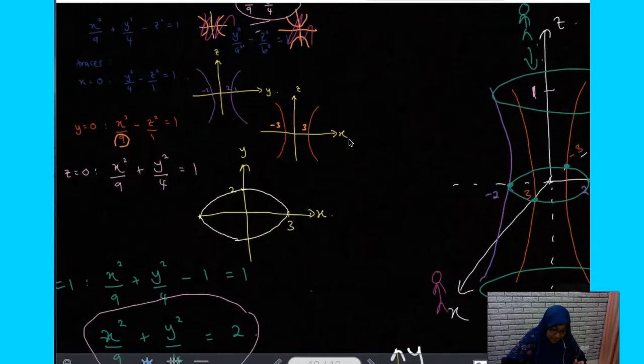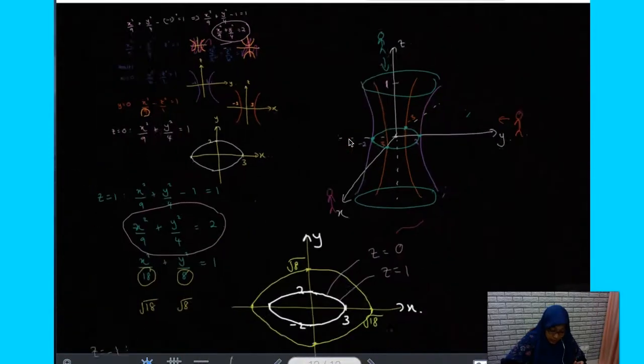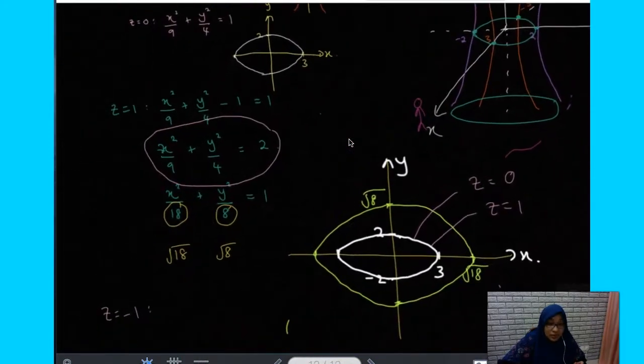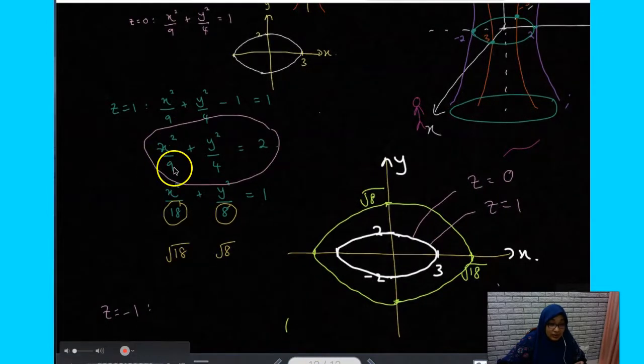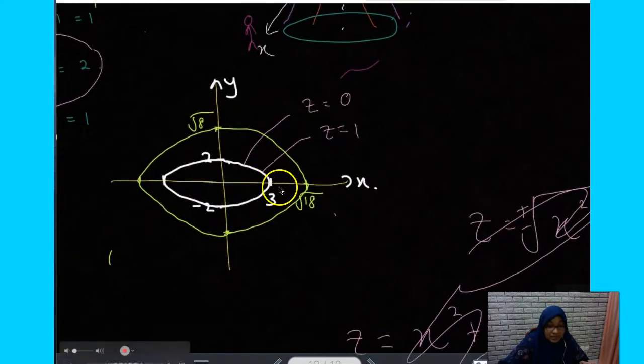You can see that they are the same: x squared, y squared, each with their own denominator, equal to 2. Because of the function, both give you the same expression, so the graph of z equal to negative 1 will be the same as z equal to 1. So you just put it here. This is the graph of z equal to 1 and also z equal to minus 1.